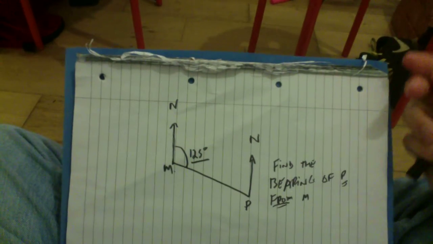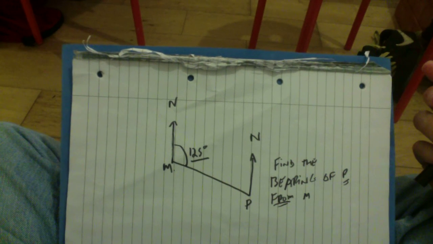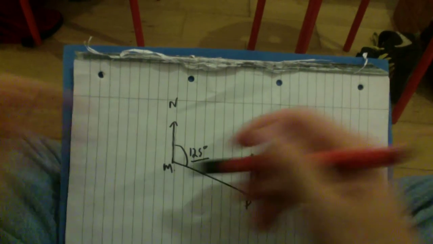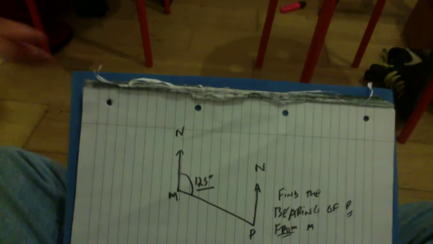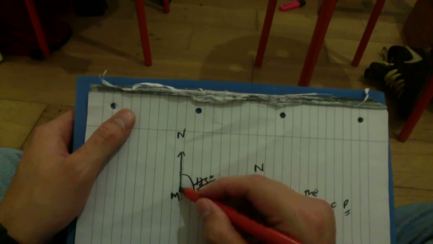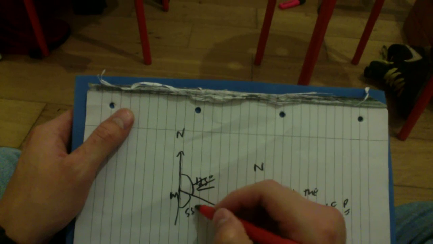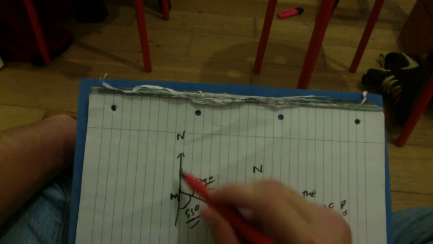But say, for example, that let's do some stuff here. Yeah, say for example that. Say for example they don't give you 125, and they just give you 55 degrees. You've got to use that 55 degrees to help you work out what this angle is.